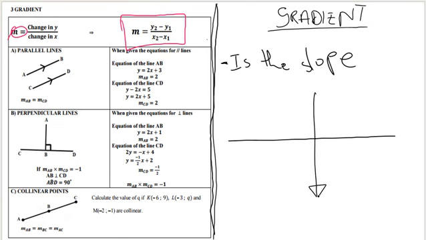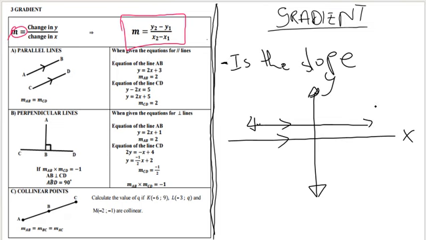Okay, so what happens when we have something like this? This is our Cartesian plane. These are the x-axis and these are the y-axis. Then we have this line such that this line is parallel to the x-axis.